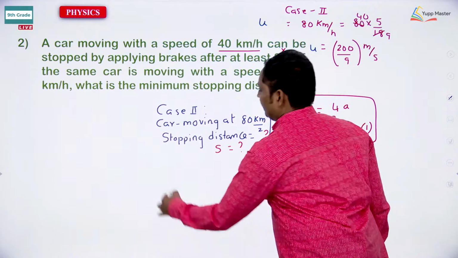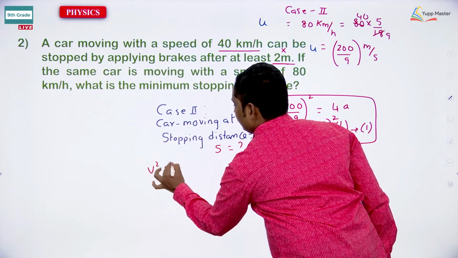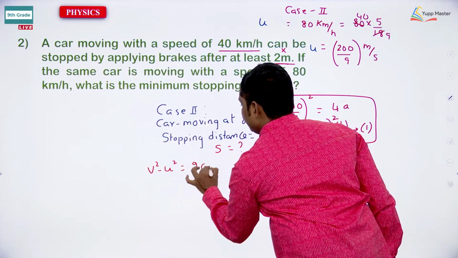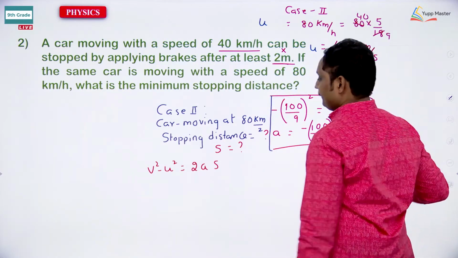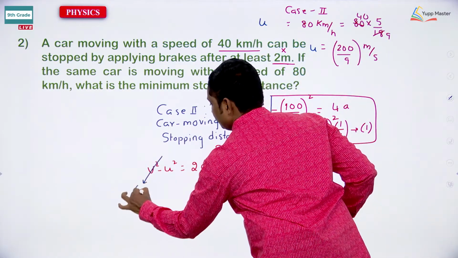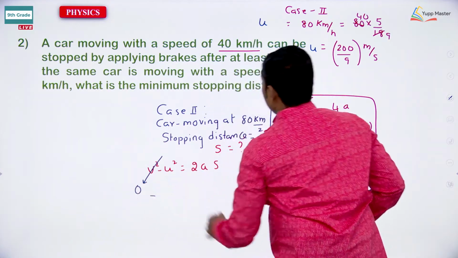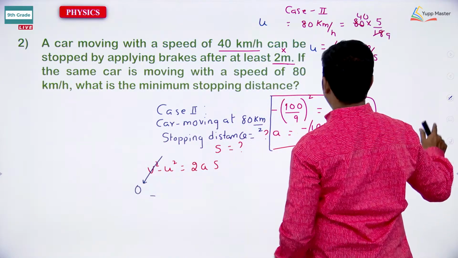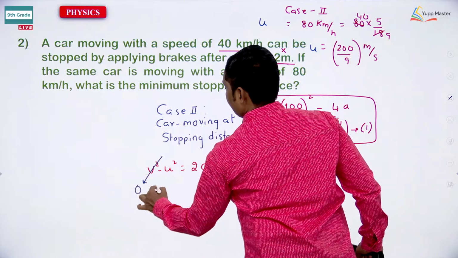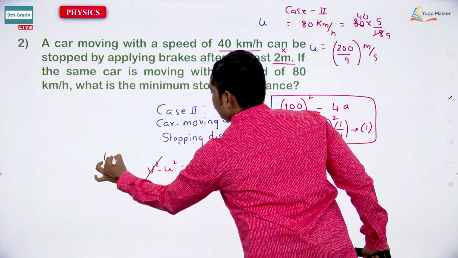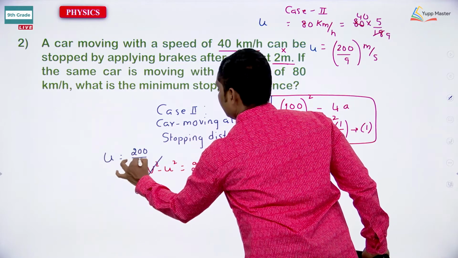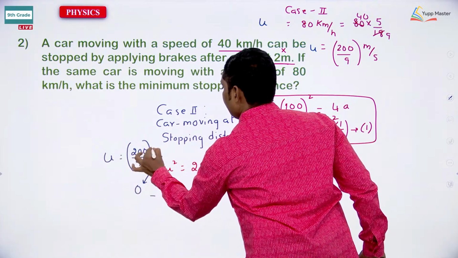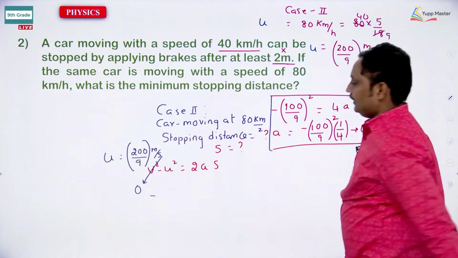Now you are going to apply the equation v square minus u square is equal to 2as, and you know very well about this, v is going to be 0, and u is equal to 200 by 9 meter per second, very clear.